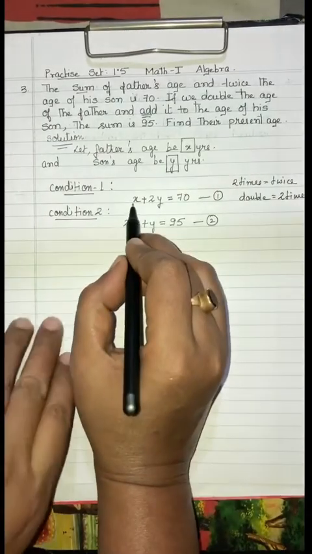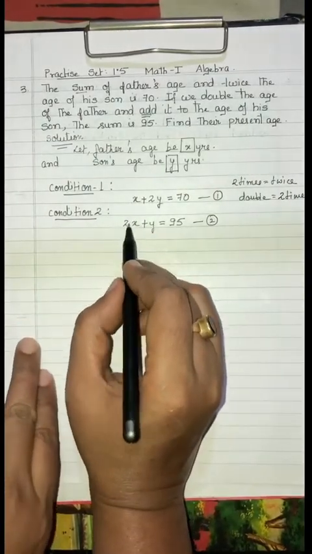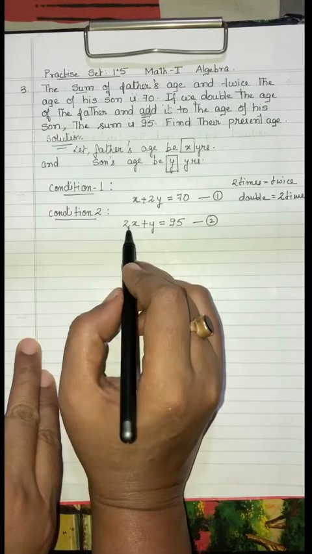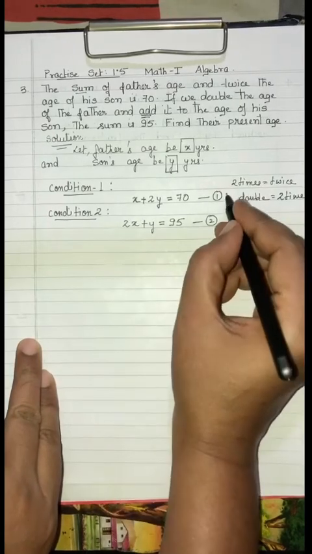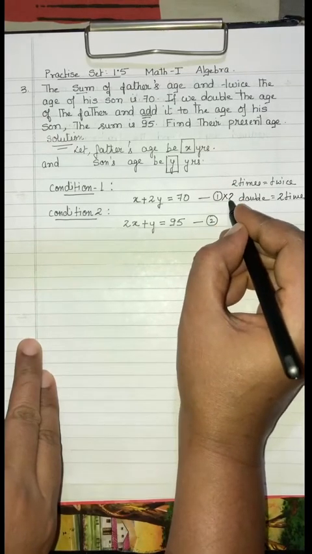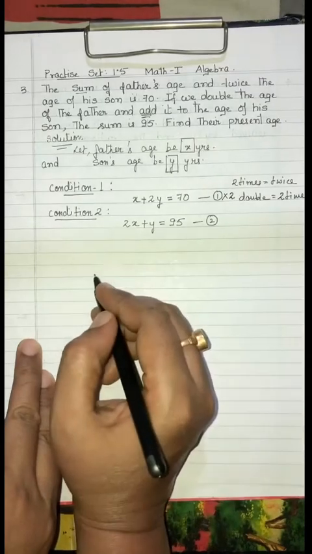Make any one set of the variables equal. It is x and it is 2x. So let us make this x also 2x. To make that x into 2x, we have to multiply the equation by 2.